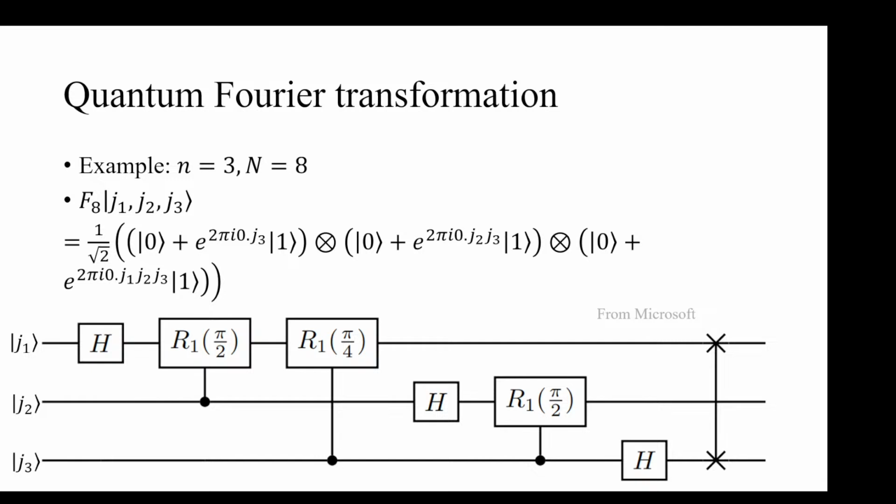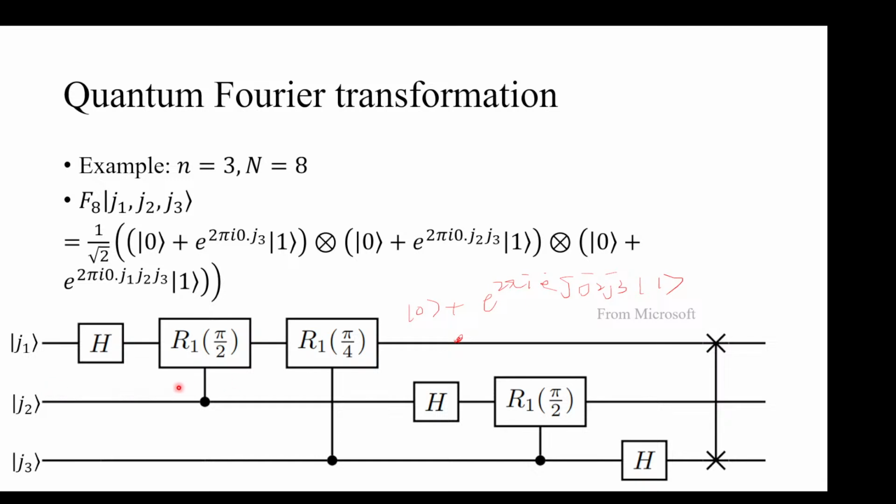And so the last qubit, this qubit, should become |0> plus e to the 2 pi i 0.j1j2j3 |1>, because the Hadamard gives you 0.j1, and this control on j2 with R2 gives you 0.0j2, and then control on the third qubit gives you 0.00j3.